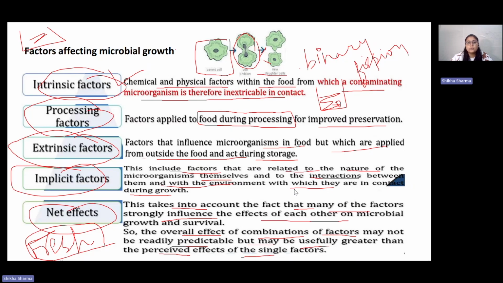So what we do is apply several hurdles at optimal levels, so that the quality of the food is not hampered. These hurdles play their role together and give a synergistic effect, and then microorganism growth will be hampered.